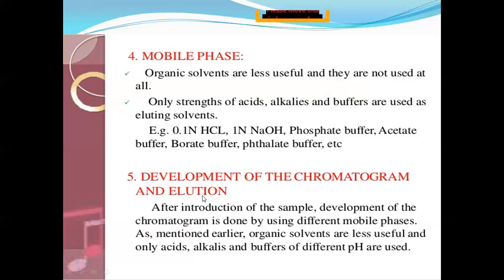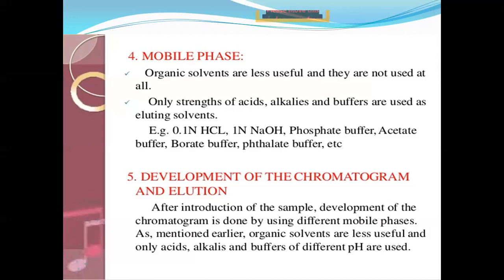Next, after some time of introduction of the sample, we introduce a mobile phase. Thereby the elution process, that means the separation process, is hastened or properly takes place. Again, the second exchange, known as reversible exchange, takes place.